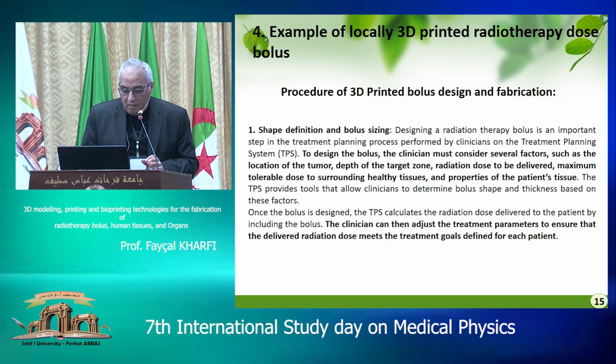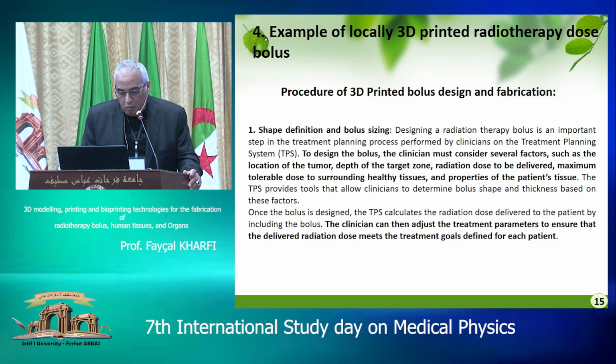Here is a very important thing, because we are using some materials that are not in the treatment planning system, and if the clinician wants to select any 3D printing material, the data must be included in the TPS.